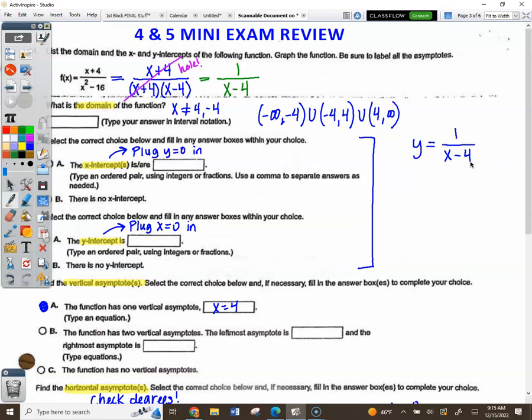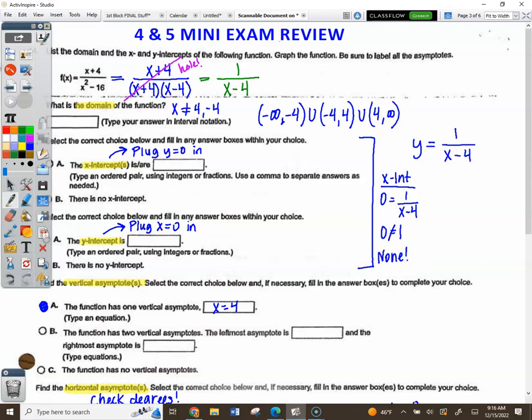Okay, if I'm looking for the x-intercept, I'm plugging 0 in for y. And I end up with this, right? Remember, cross multiply. When you cross multiply that binomial, x minus 4 over to 0, what happens to it? Disappears. And you're left with 0 equals 1, which is not true, which means there are none.